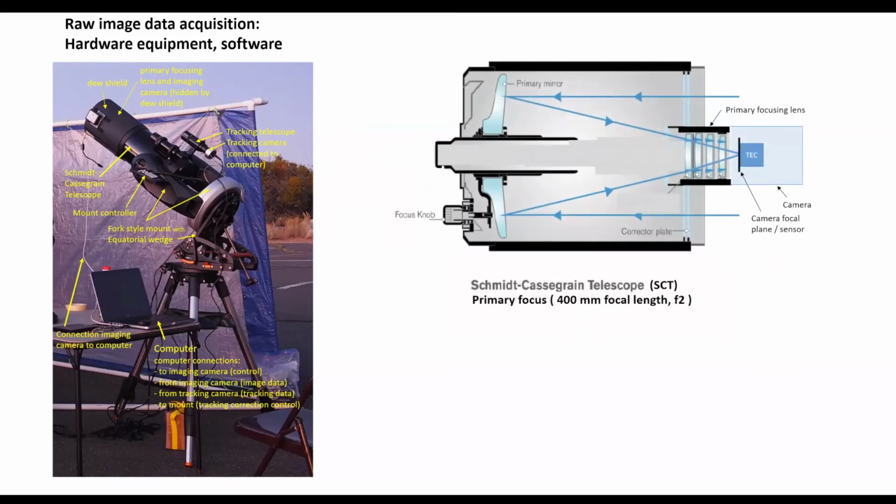You're imaging at f2 with Hyperstar, correct? Right, exactly, 400 millimeter focal length, f2. And a 3-degree field of view. So I guess I should try and make that more clear. But yeah, I understand. Thank you.